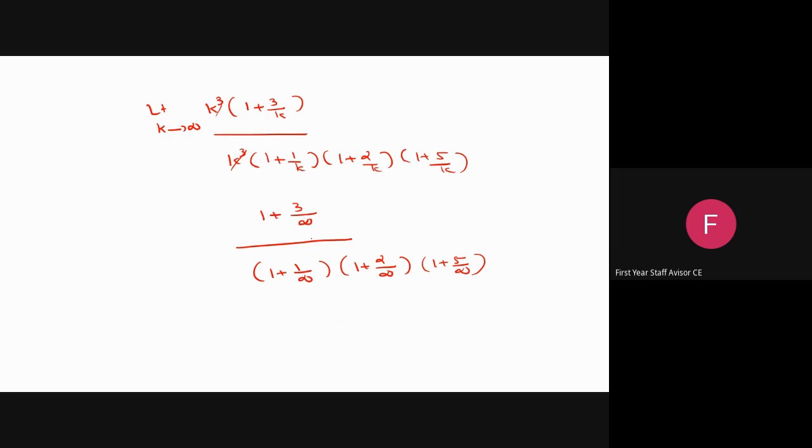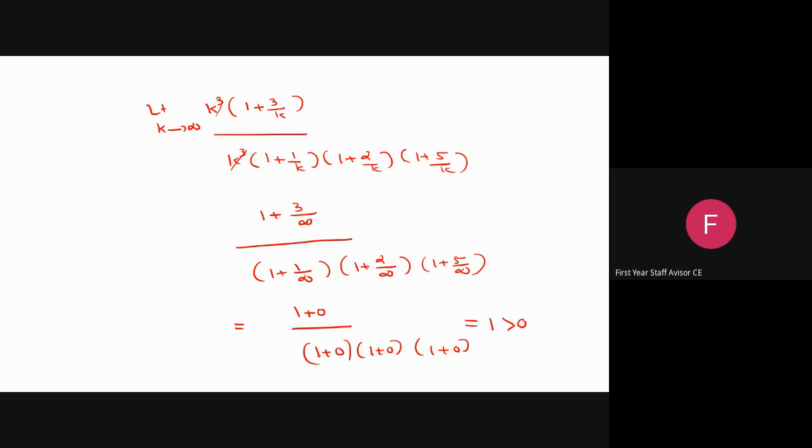If the denominator is infinity, that term will become 0. That means (1 plus 0) divided by (1 plus 0) into (1 plus 0) into (1 plus 0), that means 1. This is a finite quantity greater than 0. So the limit of a_k by b_k is greater than 0.